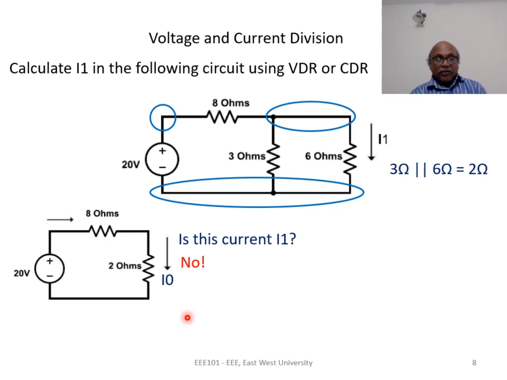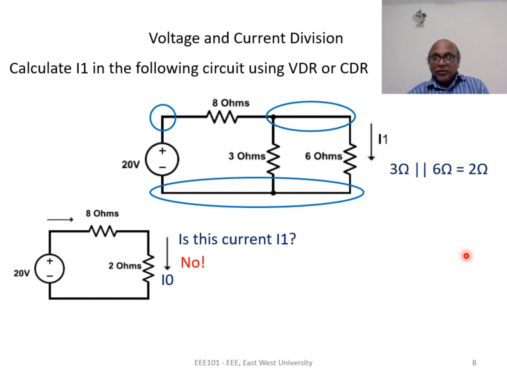Okay. Now the next question is, what is the current which is flowing through 8 ohms from left to right according to this arrow? Is this I1? Of course not. This is not the 6 ohms. But if we look at the circuit, this 8 ohms resistance and the 2 ohms resistance, these two are connected in series. Only two circuit elements at this node. So 8 ohms and 2 ohms are connected in series.